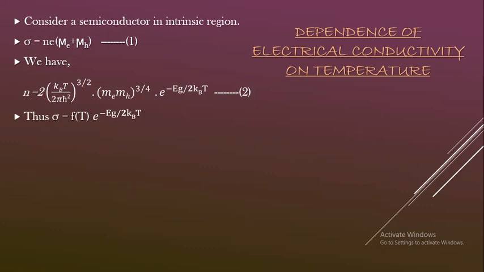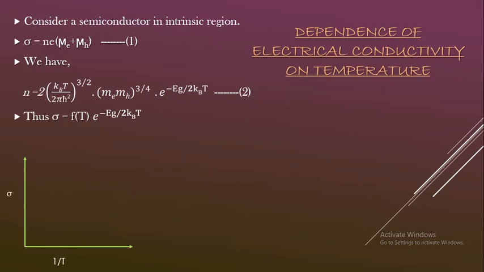But as already discussed, for conductivity, or even for the carrier concentration, the dominant term is the exponential term. So we consider the other terms as roughly constant, a function of temperature, but the dominant term is the exponential, and we can say sigma equals f of T into exponential of minus E_g by 2 k_B T. The point to remember is that electrical conductivity increases exponentially with temperature, because the function f of T depends only weakly on temperature.